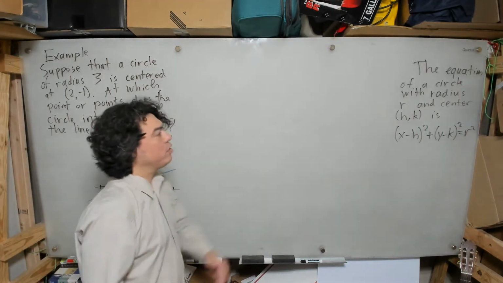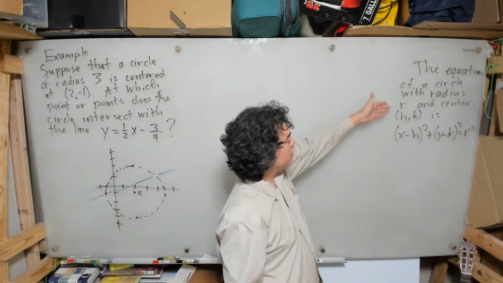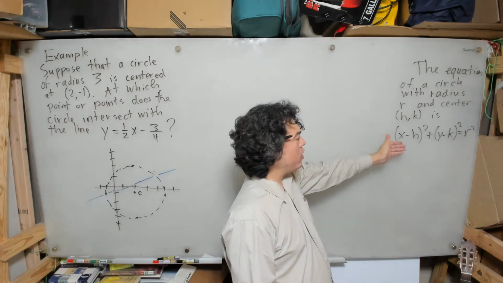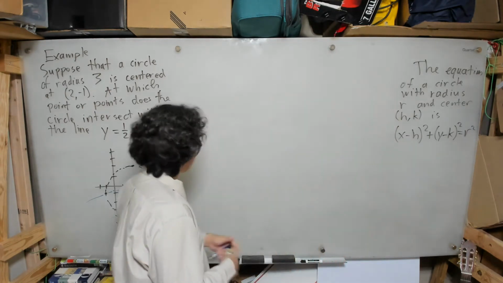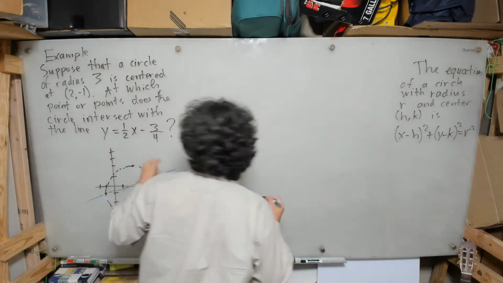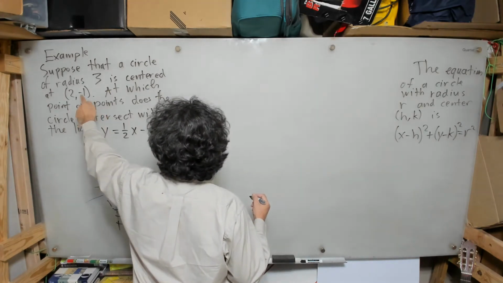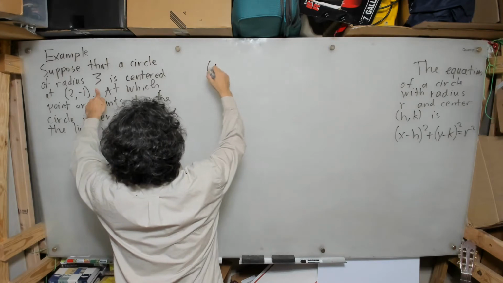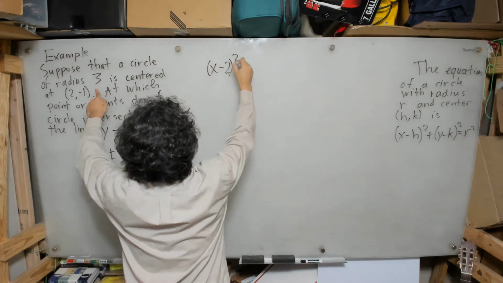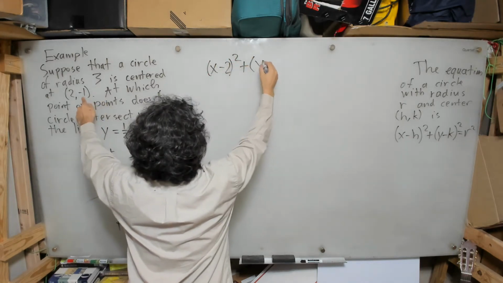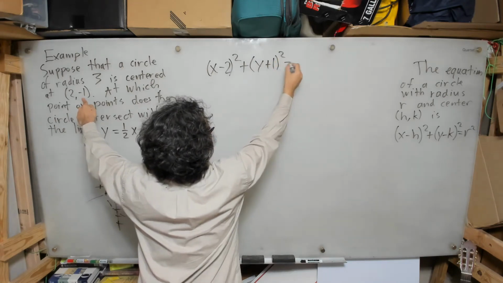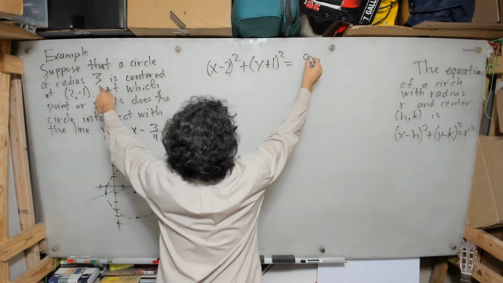So what we have here is that the equation of a circle with radius r and center (h, k) is this: (x - h)^2 + (y - k)^2 = r^2. So here, using this center and this radius, I can see that the equation of my circle is going to be (x - 2)^2 + (y - (-1))^2, which becomes (y + 1)^2, equals r squared, which will be 9.